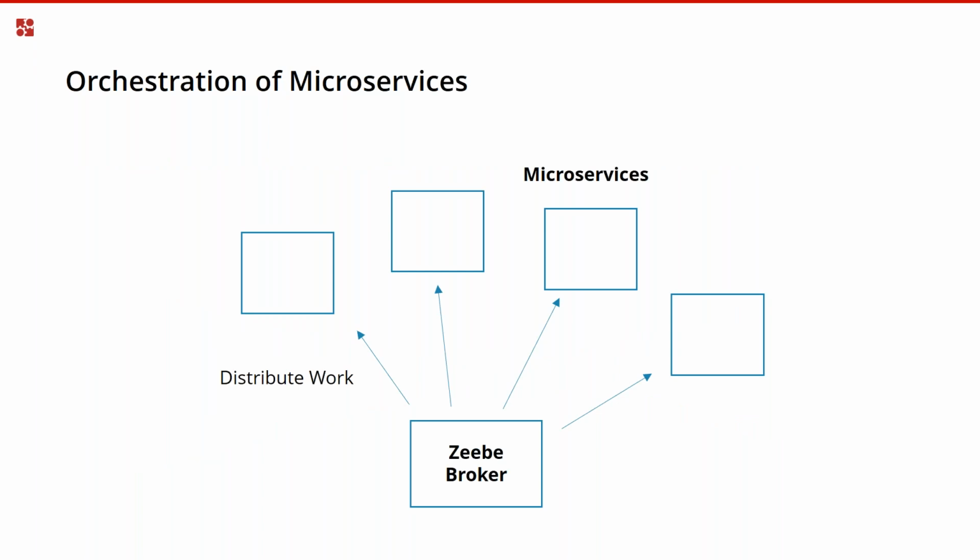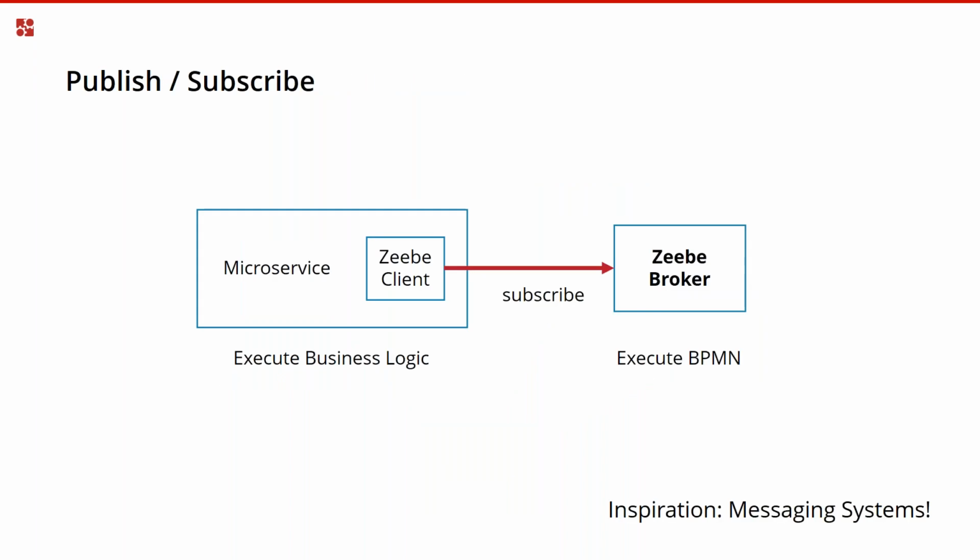The broker is supposed to distribute the work to the microservices, and it does that using the publish-subscribe protocol that we have implemented. The broker is started, and then I deploy my microservice that can contain the client. The client will subscribe to a particular task type on the broker. This is what we have seen in the Go code and also in the Java code.